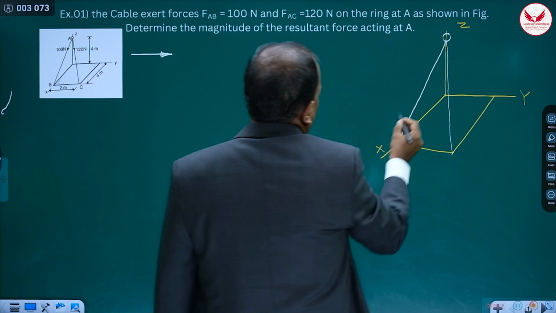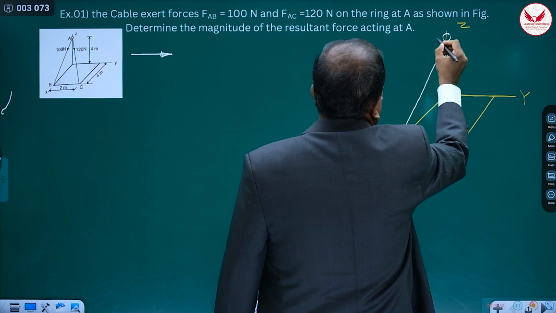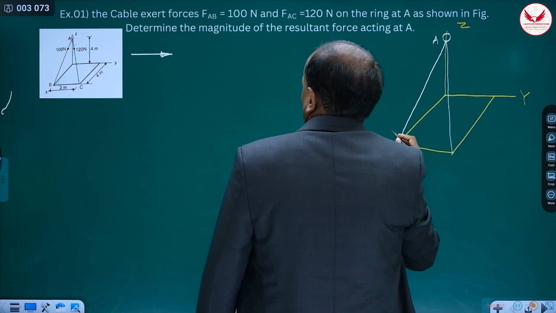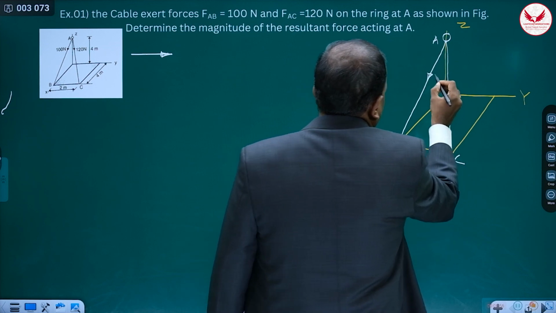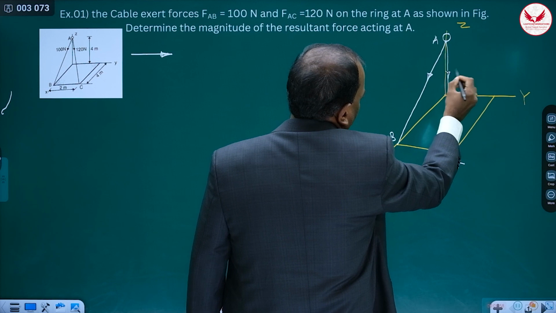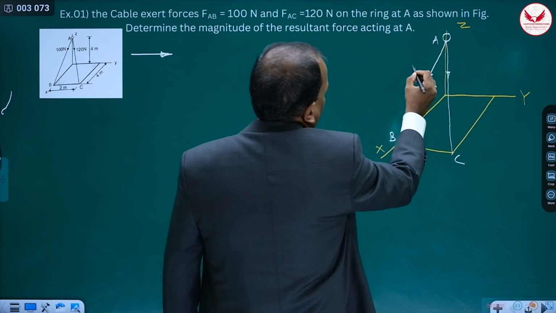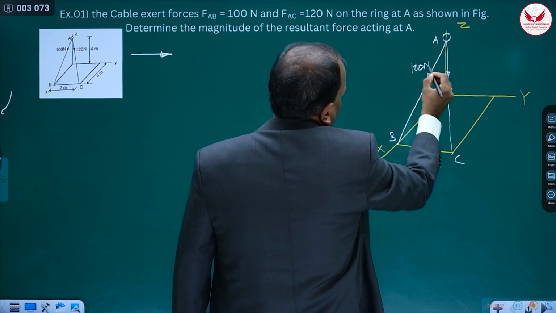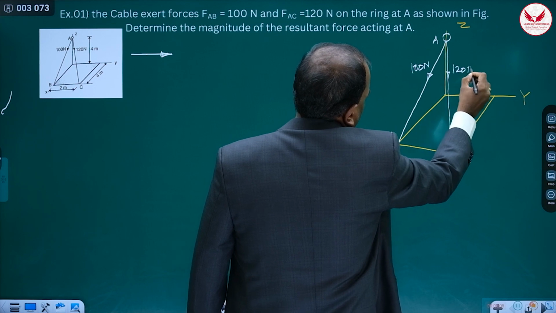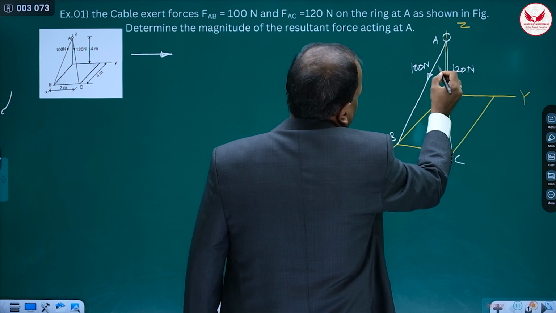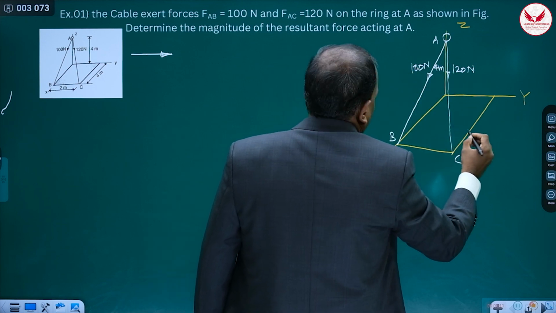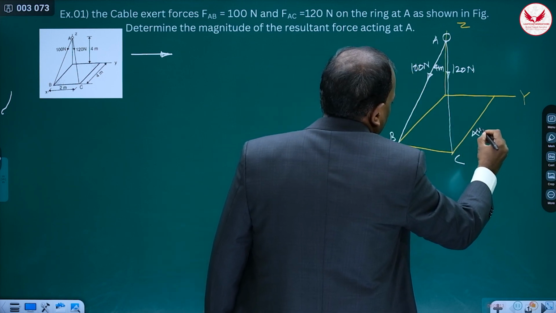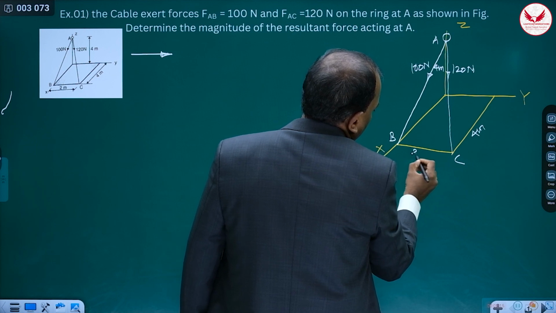You can observe, it is the ring, it is A, it is B, it is C. This is going to be a tensile force because these are cables, 100 Newton, and this is 120 Newton. This height is 4 meters. It is also 4 meter, and this is also 2 meter.